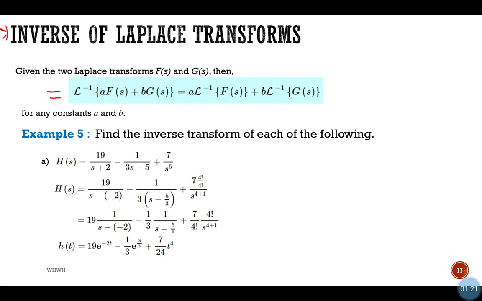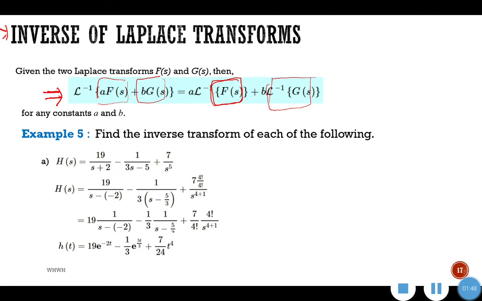Kena integrate. Alright, so given two Laplace transforms, you can separate them one by one. Find the Laplace transform of the first one and then proceed with the second term of the Laplace transform.